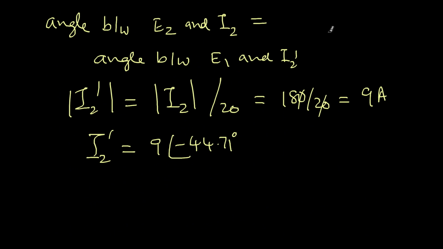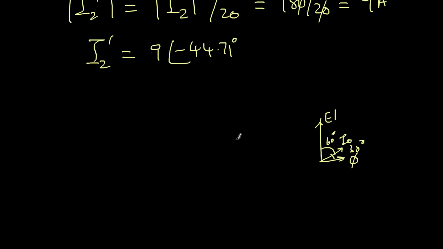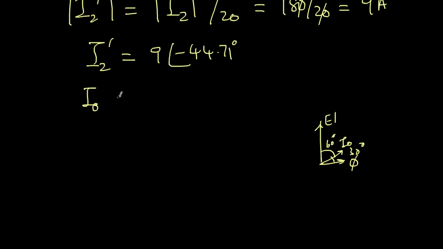If I quickly see again, this is E1, this is the flux, and I naught leads the flux by 30 degrees. That means this angle will be 60 degrees. So I naught is 1.5 amperes at an angle of minus 60 degrees.